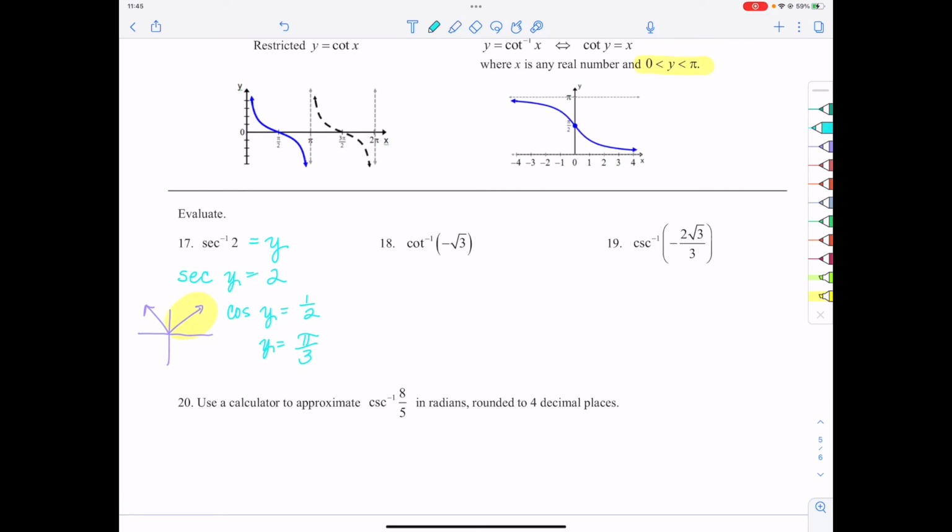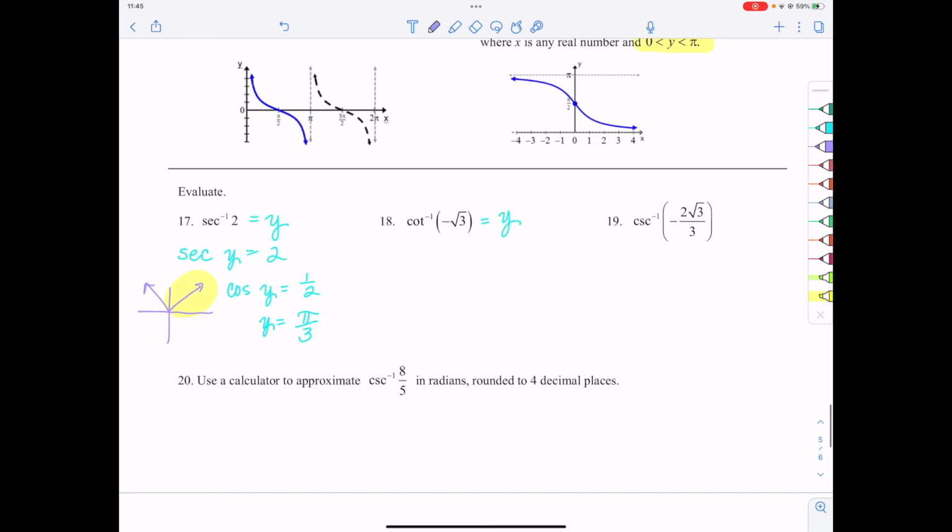So we would choose this first quadrant. Okay, let's go ahead. The cotan inverse of negative root 3 is equal to y. So we have the cotangent, and we can give an answer anywhere in between 0 and pi. And so we have that the cotangent of y is equal to the opposite of root 3.